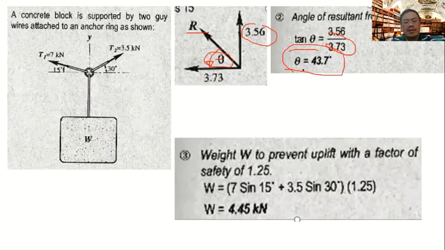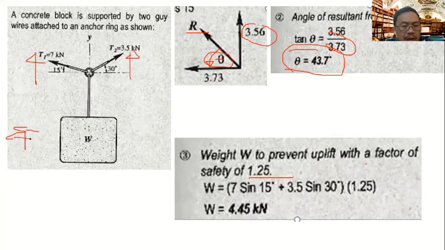Now, for the weight, okay, compute the weight to prevent the uplift with a factor of safety na 1.25. So, dadagdagan lang natin, makikita natin yung vertical component dito. Kasi pagka sinumma up natin forces vertical, going upward is equal to the forces going downward. Okay?